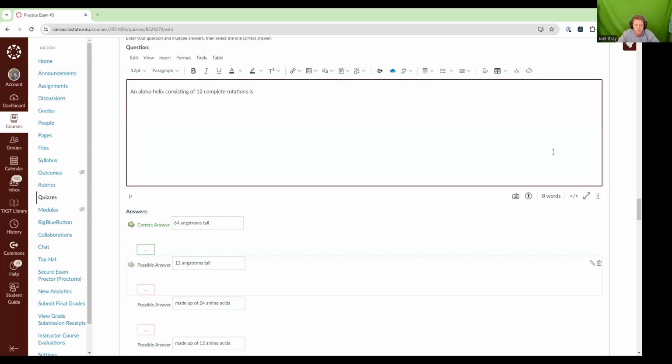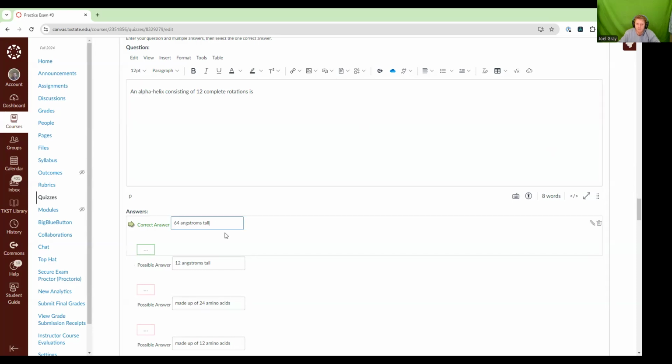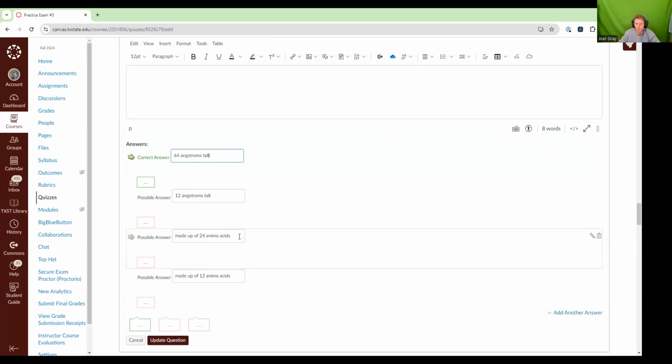We've got a couple different options: 64 angstroms tall, 12 angstroms tall, made up of 24 amino acids, or made up of 12 amino acids. So this question is kind of asking two different but similar things. If we have one rotation, that is 5.4 angstroms tall, and that requires 3.6 amino acids. So those pieces of information are valuable.